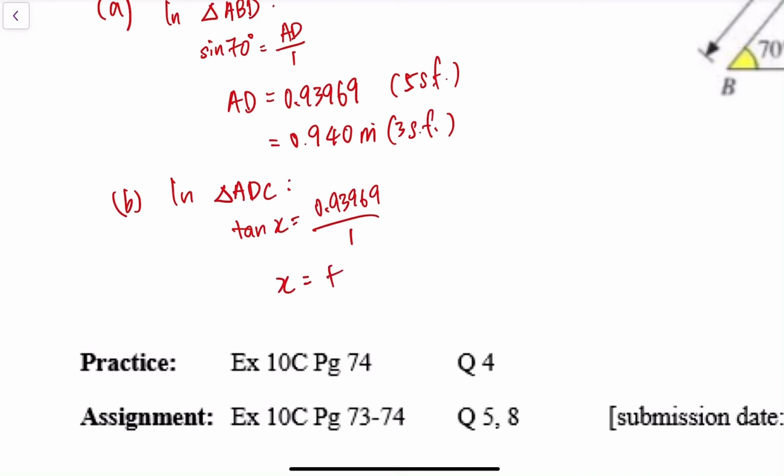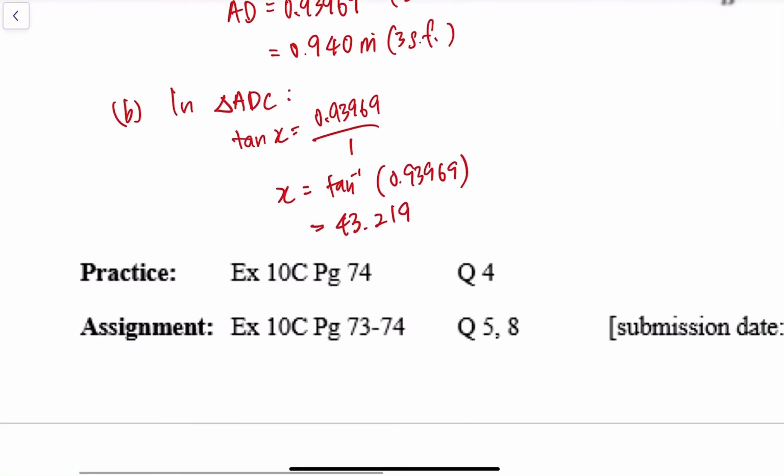So X equals tangent inverse of 0.93969, and I get 43.219. I actually don't need this, 43.22, that's 2 decimal places, and my final answer is 43.2 degrees, 1 decimal place.